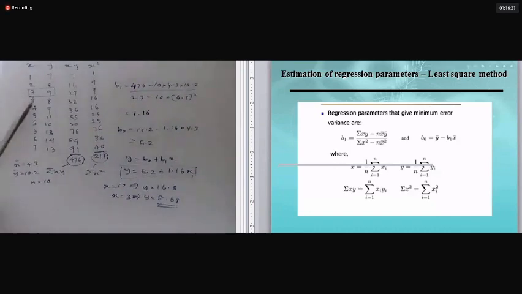The actual data, the y value corresponding to x equal to 3 is 9, but when we calculate using the equation, we got 8.68. Now there is a difference. So what is the reason for the difference?